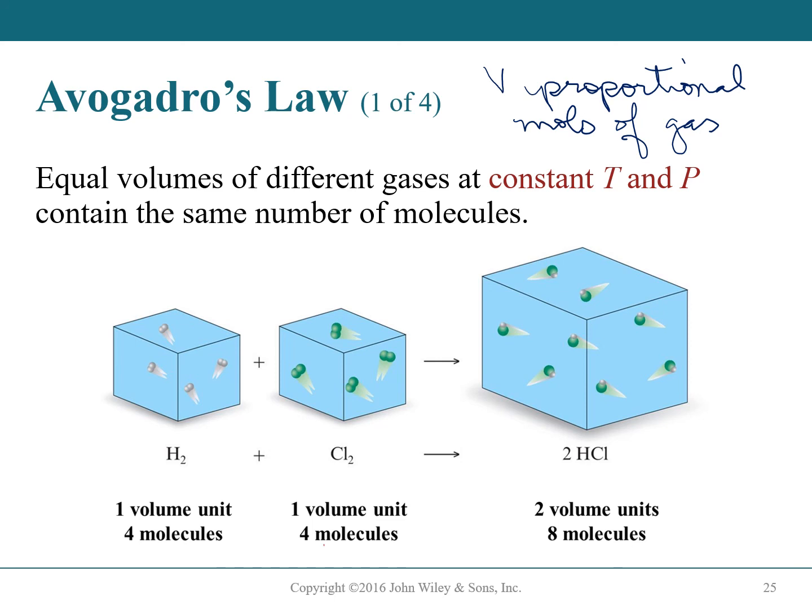Okay, here when you do the reaction, notice that because I'm forming twice as many, I have a total of 8 molecules, I have twice the volume. So it turns out, under constant temperature and pressure, if I have basically everything in the gas form, you can use your volume to do your stoichiometry.